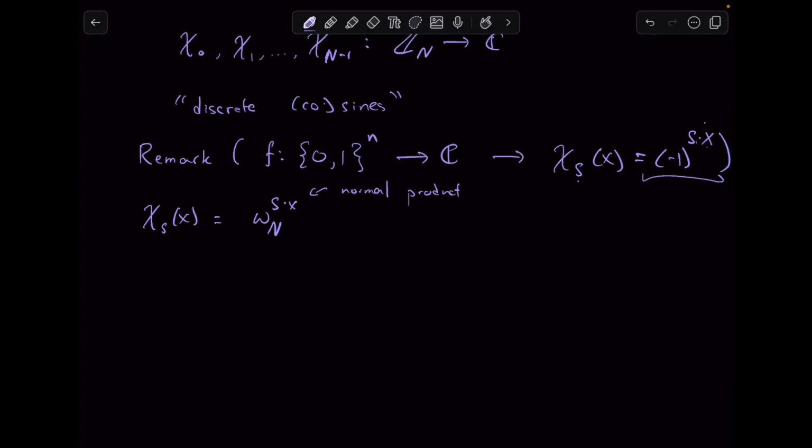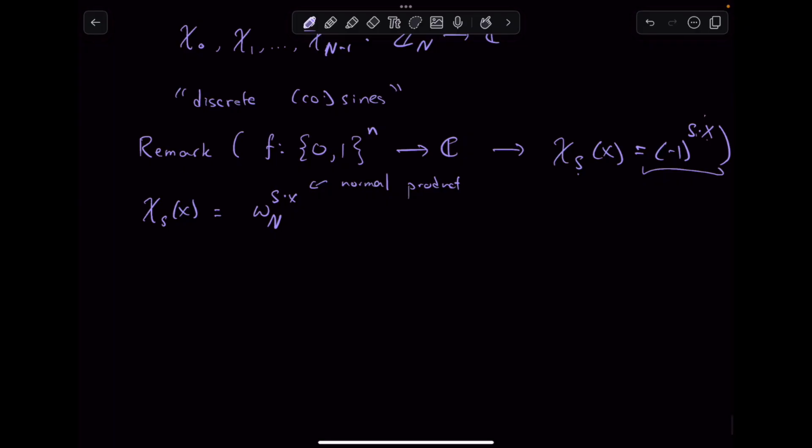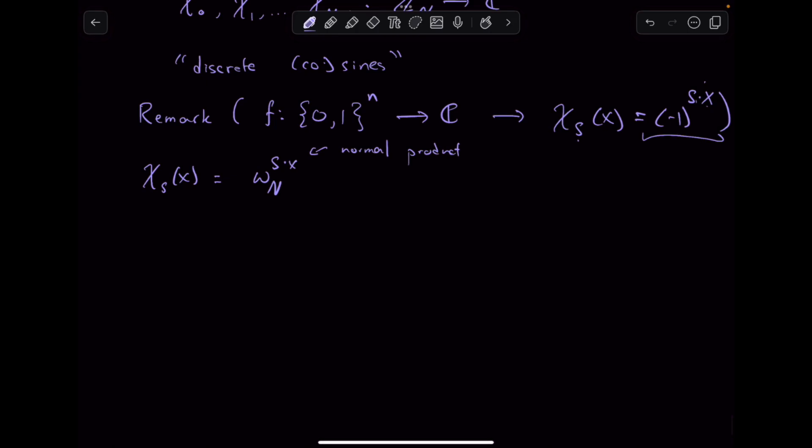One thing to note is that even though this is the normal product, since this is a root of unity, the only thing that matters is the value mod n. And just to remind ourselves, the nth root of unity is e to the 2 pi i over n. So this value here is going to be e to the 2 pi i s times x over n.